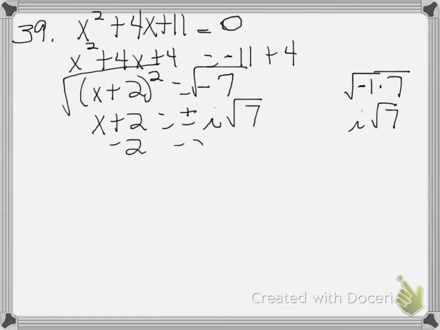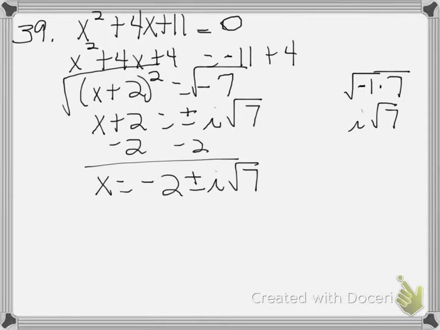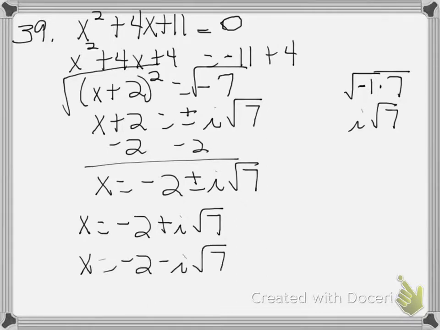Subtract 2 on both sides. So you get x is equal to negative 2 plus or minus i square root of 7. I am fine with leaving it that way. If you want, you can split it to say negative 2 plus i square root of 7, and then negative 2 minus i square root of 7.